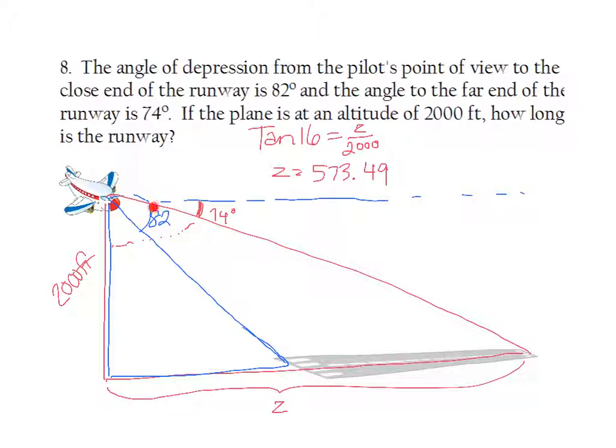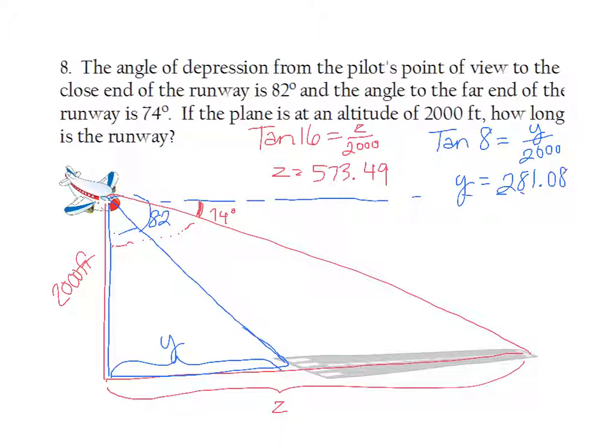Then I'm going to do it again with the blue triangle. And once again, this is 82. What I need is its complement. The complement of 82 is just this piece here, which is 8 degrees. So same setup, tangent of 8 is going to equal, okay, so this time I'm only looking at this piece. I'm going to call that y. Tangent of 8 times 2,000 gets me 281.08.